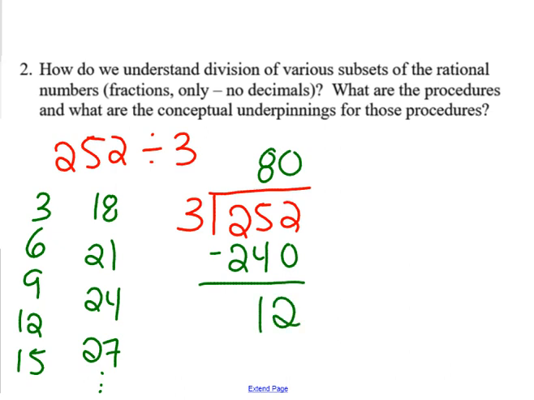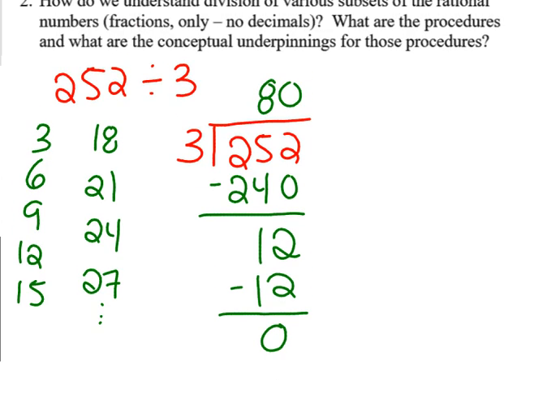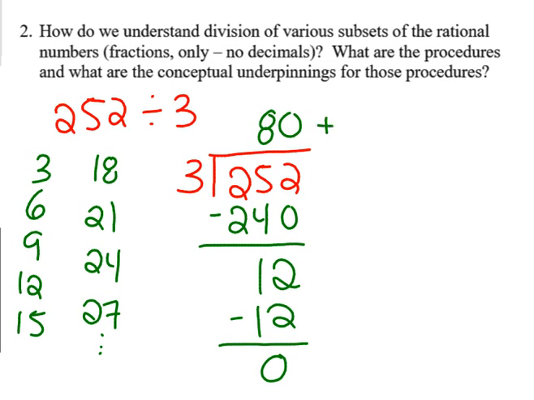Now, this was a problem we did earlier. So how many times does 3 go into 12? We know it goes into it 4 times. And 12 minus 12 is 0. So we're going to go back up and add 4. So 3 times 84 will give us 252.